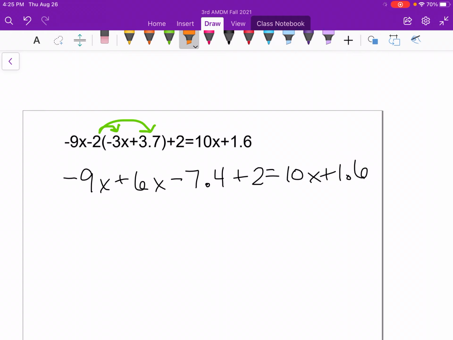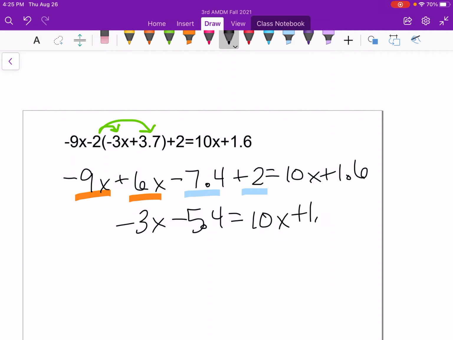And then you just combine your like terms and solve. So negative 9x and 6x is negative 3x minus 7.4. Actually, negative 7.4 plus 2 is negative 5.4 equals 10x plus 1.6.